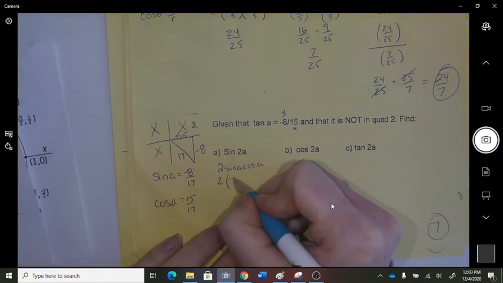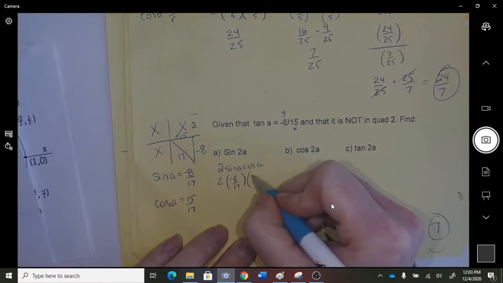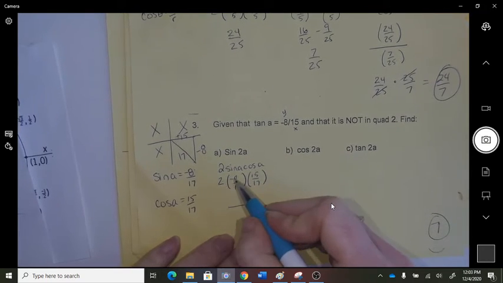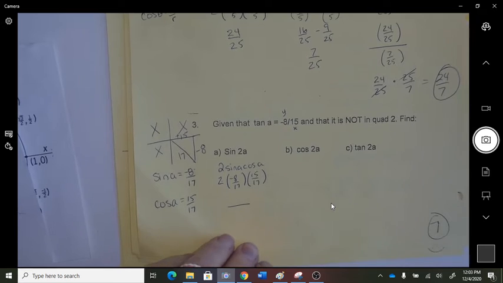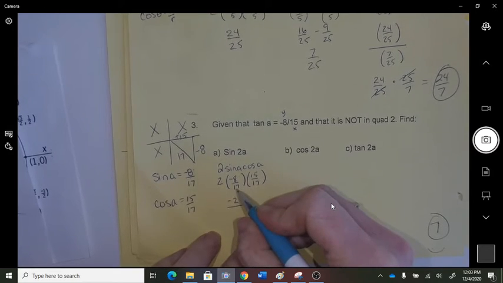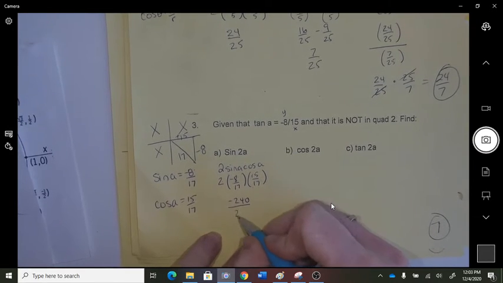So 2 times that ratio, and that ratio. So 2 times negative 8 times 15 is what you're going to do on the top. So I get negative 240. 17 times 17 is 289.